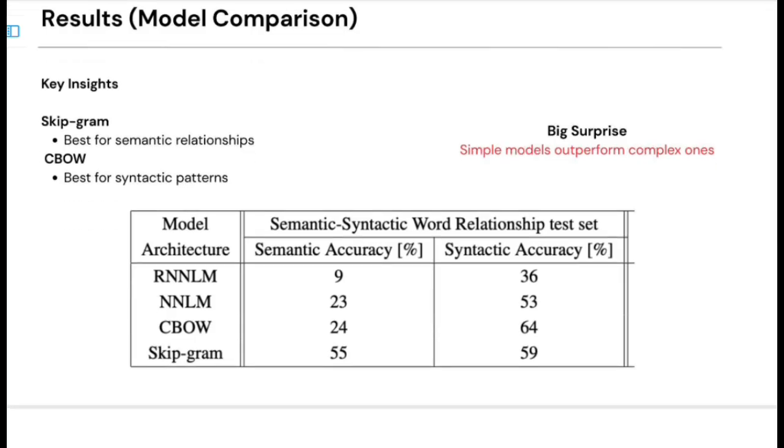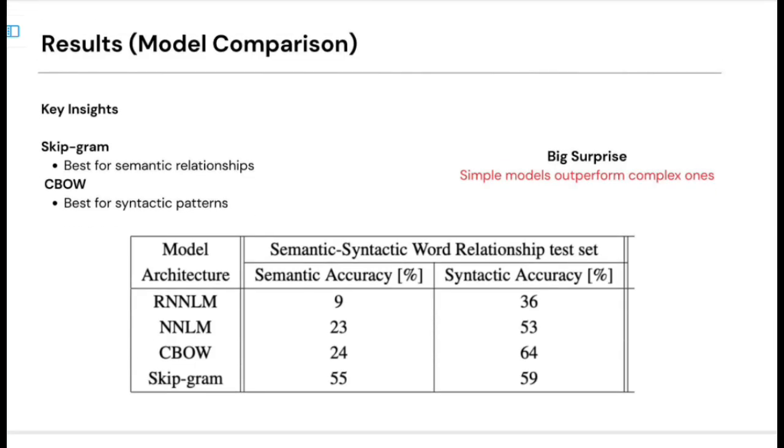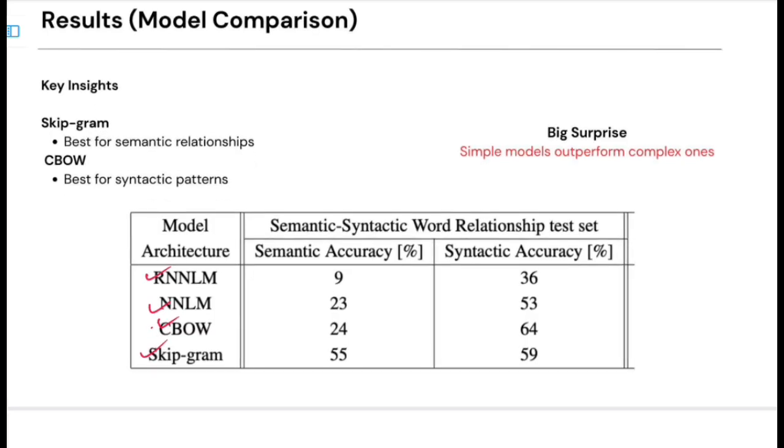Now let's compare different models in the results section. We'll compare the traditional models like NNLM and RNNLM with the new models this paper proposes, CBOW and skipgram. The results are quite surprising.